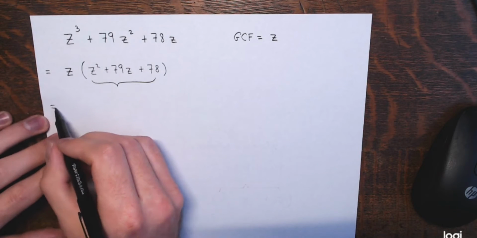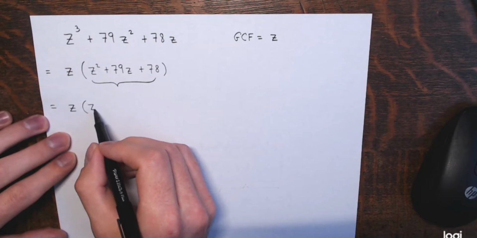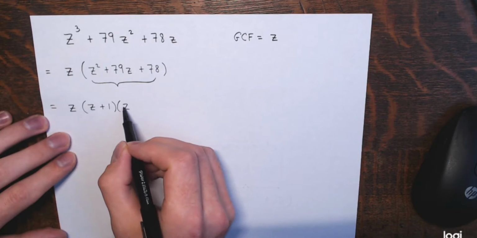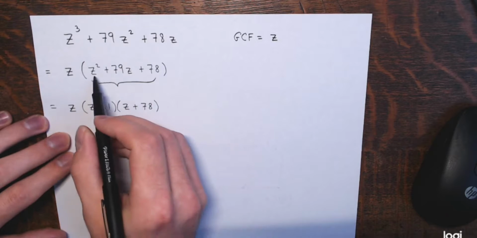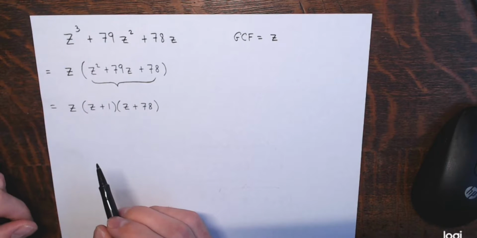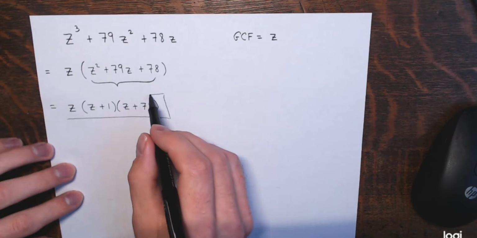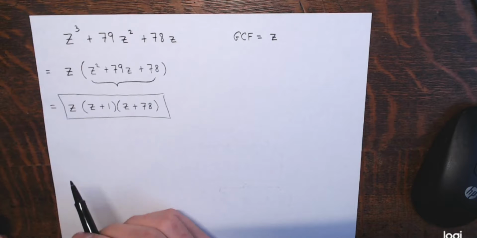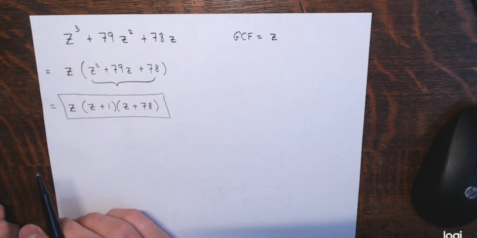So we have the greatest common factor z, and then z plus 1 times z plus 78 would be the factors of this quadratic with a lead coefficient of 1. It's very easy when the lead coefficient is 1. You don't have to go through that entire AC method. Now, if the lead coefficient were not 1, then I would be going through the AC method in its entirety.